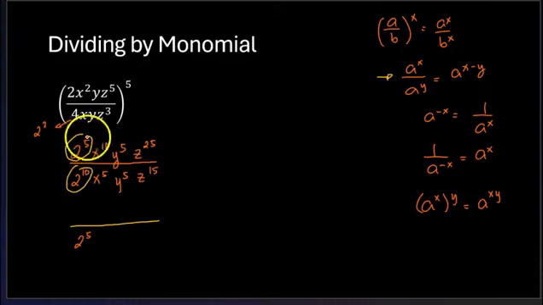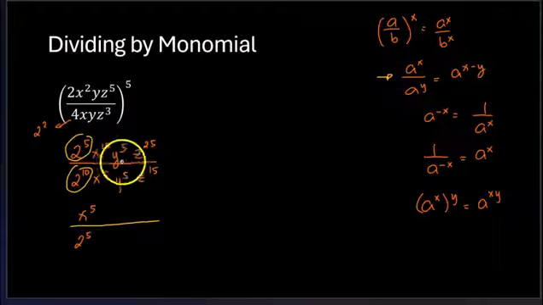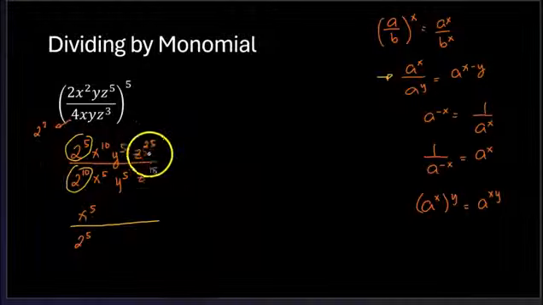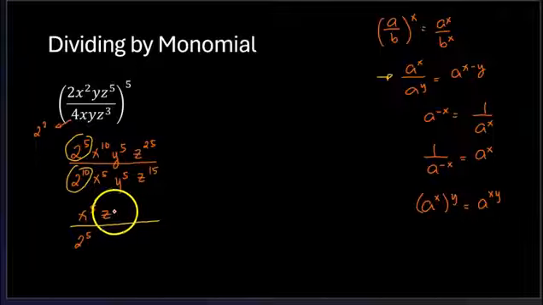The 5 copies would simplify to 1, so there's an extra 5 copies. Here, this is 10 and then 5, so that's x raised to 5, and then the y's cancel each other out. And here we have 25 minus 15, so there are more copies in the numerator, so z raised to 10.